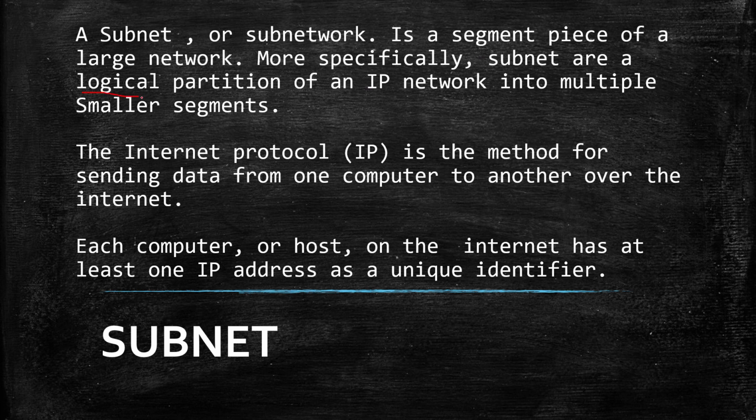Logical partition means division. The network can be divided into multiple smaller segments. This is the one line answer. If it is asked in your interview or exam, just remember: the logical partition of an IP network into multiple smaller segments. That's it.